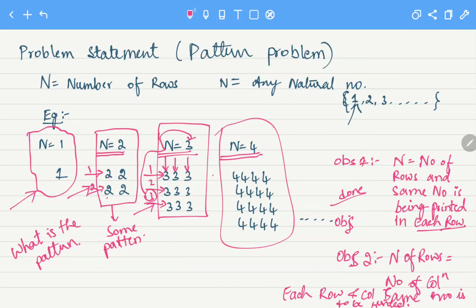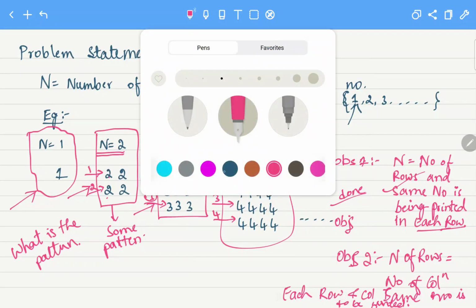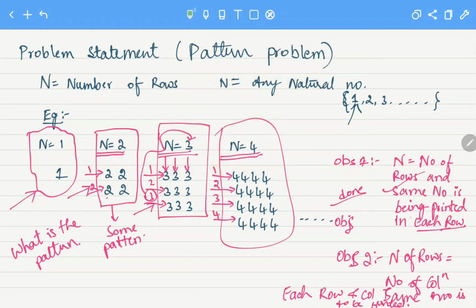Let's check: 1, 2, 3 and 4. Okay, the 4 rows are being printed, and this is number 4, and the same number is printed in each row.